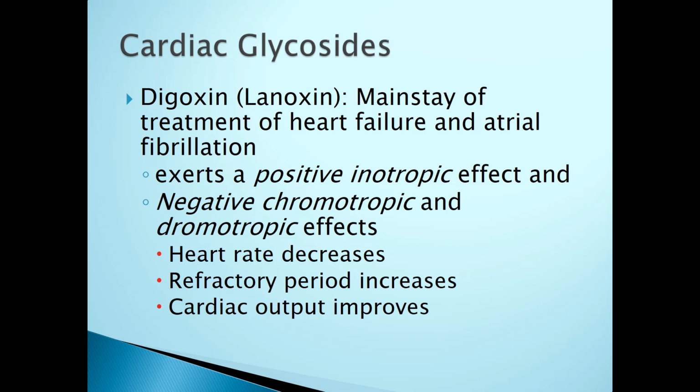Digoxin also has a negative chronotropic effect. So it decreases heart rate. In addition, digoxin has a negative dromotropic effect. It reduces the rate of electrical conduction. It slows down the electrical impulse and allows the atria and ventricles to work together in a coordinated fashion.